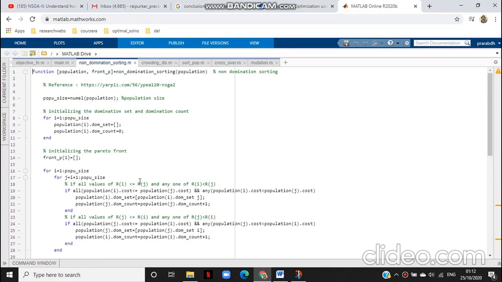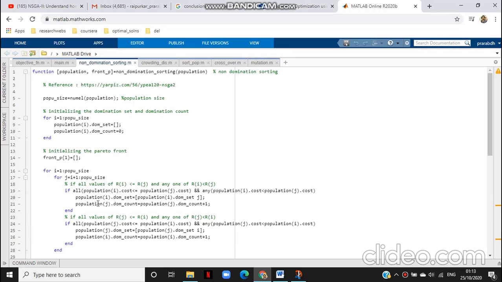So what we are doing here is giving rank to each solution according to a condition. Here is the condition. Suppose A is located at x1, y1 and B is located at x2, y2, then we say A dominates B when x1 is less than or equal to x2 and y1 is less than or equal to y2, and x1 is less than x2 or y1 is less than y2.